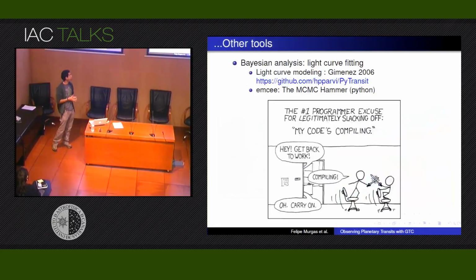Besides the observations and the analysis of our results, I'm currently using a Bayesian approach for the light curve fitting, using modeling to get the analytical model of the transit. I use the Gimenez 2006 code written by Hanu.